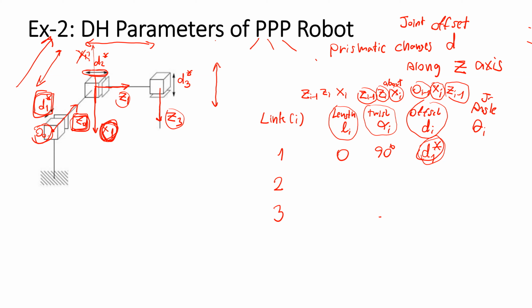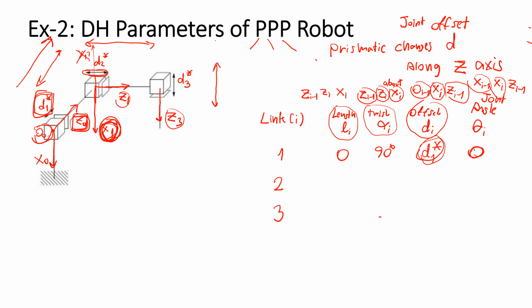The joint angle is the angle between x_{i-1} and x_i about z_{i-1}. So now you already set the x1 direction. The joint angle is the angle between x0 and x1. The good way, if we want the parameter to be 0, is to set x0 in the same direction as x1 so that this is 0.